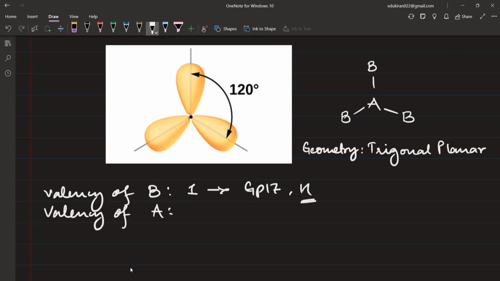And what should be the valency of A? Valency of A should be 3. There should be 3 valence electrons. So where do you have 3 valence electrons? When you are in group 13.